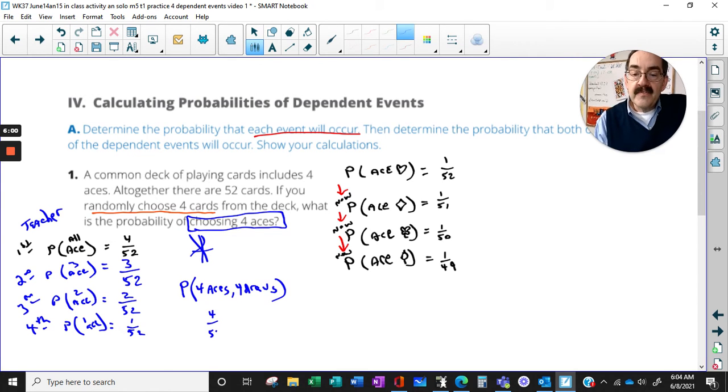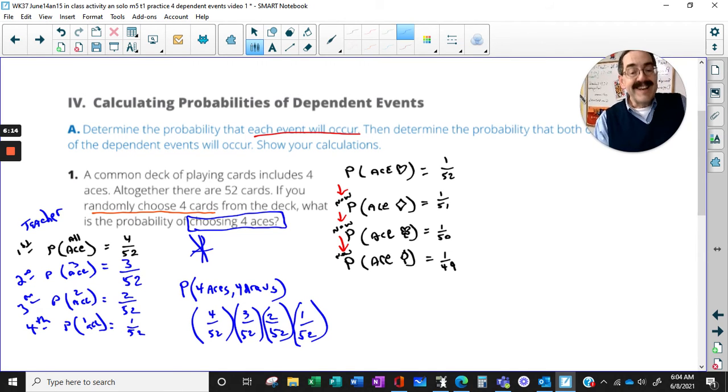It's 4 out of 52 times 3 out of 52 times 2 out of 52 times 1 out of 52. Okay? This is a compound event given statements. Okay? 4 times 3 times 2 times 1. 4 times 3 is 12, 24. 2 times 3 is 6, yep, 24 over a massive number.